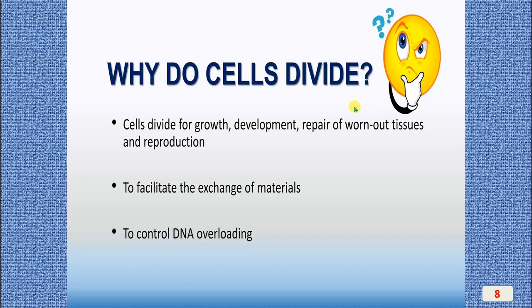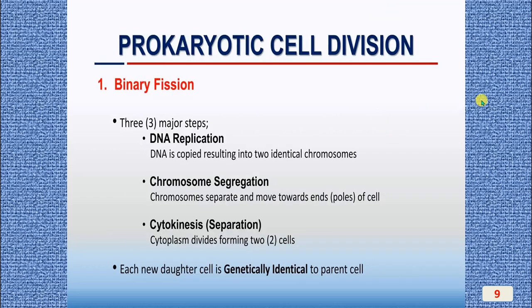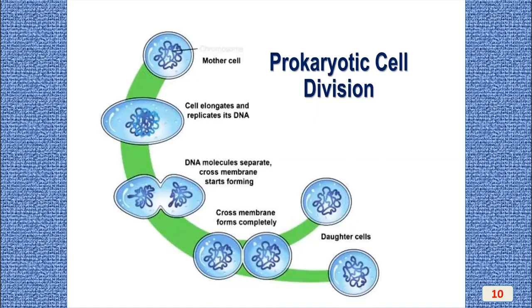The prokaryotic cell division is a very simple type of cell division, and it always consists of binary fission. The three steps are DNA replication, then chromosome segregation, then cytokinesis. Each new daughter cell is genetically identical to the parent cell.